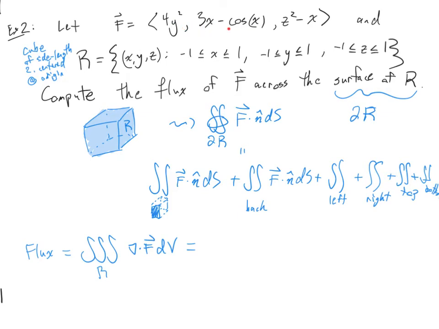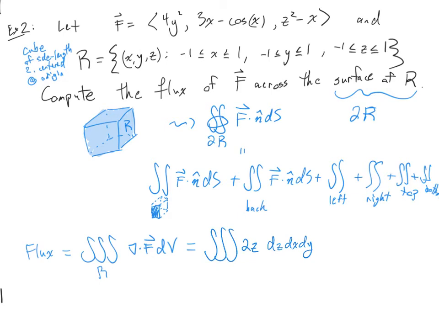The second one only has x's, so d/dy is 0. And the third one does have a z, so d/dz is 2z. So this is just the triple integral of 2z dz dx dy.